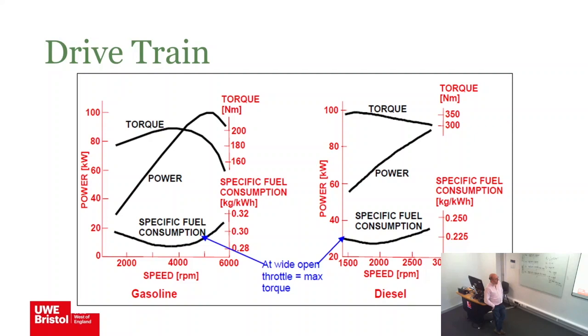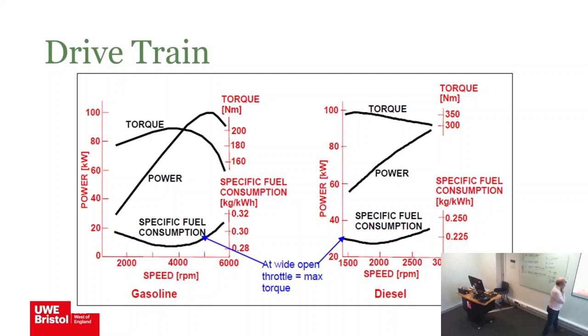Do we know the relationship between torque and power? Power equals torque times rotational velocity. And so you can see that gasoline has a torque curve, and so obviously power is also curved. Power does tail off at the top end, but you end up with a peak power at quite a high RPM.